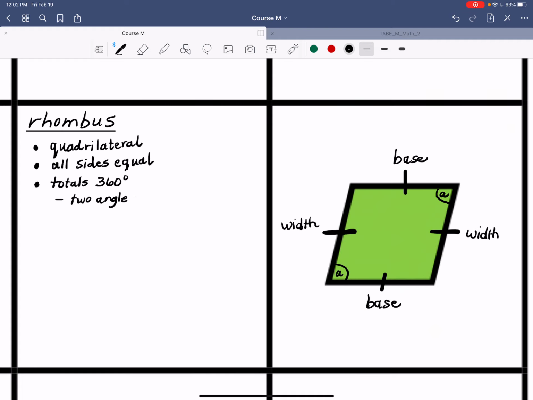It's like a drunk square. And then 2 obtuse angles. It's not that perfect 90 that makes it straight up and down. It's leaning. 2 obtuse angles. That total 360.